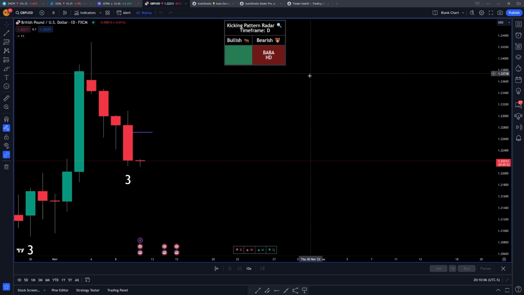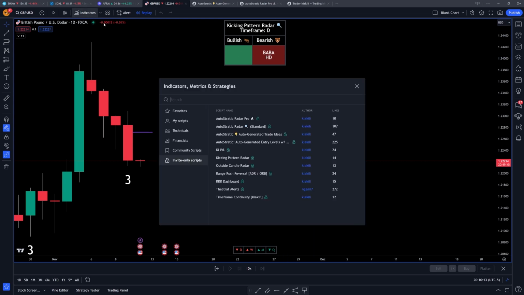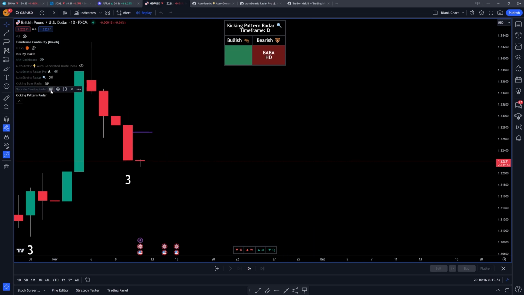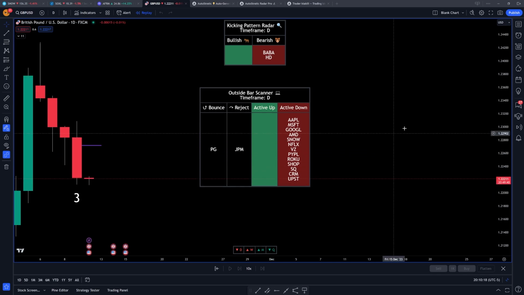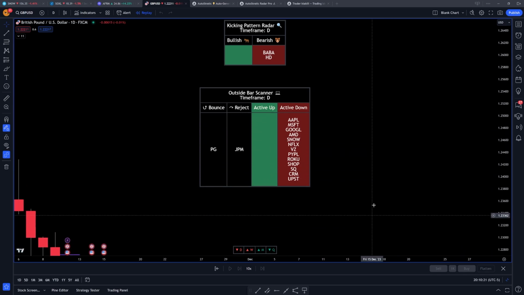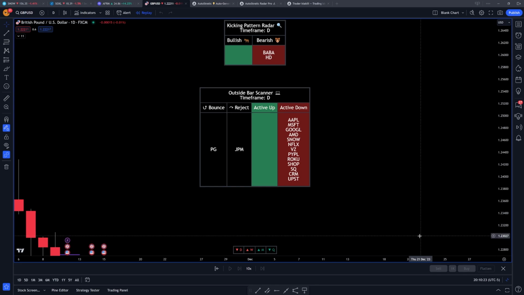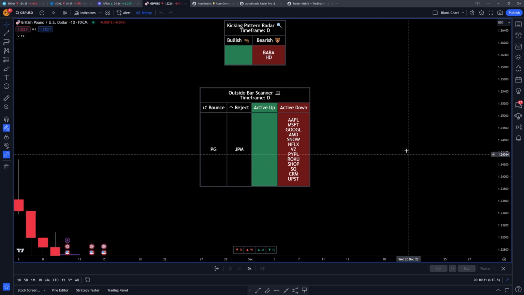To add some clarity, this is not an end of day scanner. For both of what we showed here, the outside candle and the kicking pattern, I can always create more copy, more pamphlets, just to give more clarification of when to use some of these. The outside bar on the daily is for intraday trading setups, so typically day trading, when it's on the daily time frame.